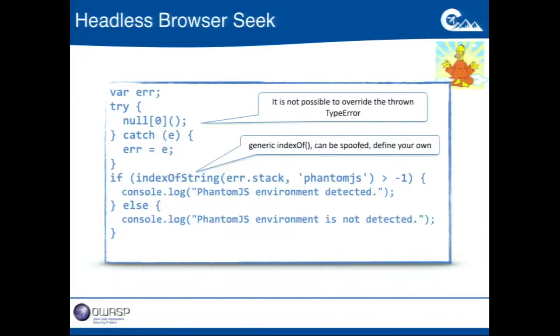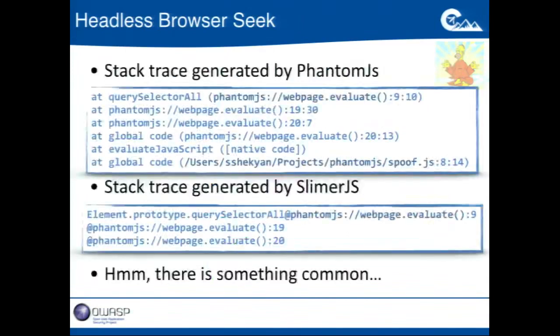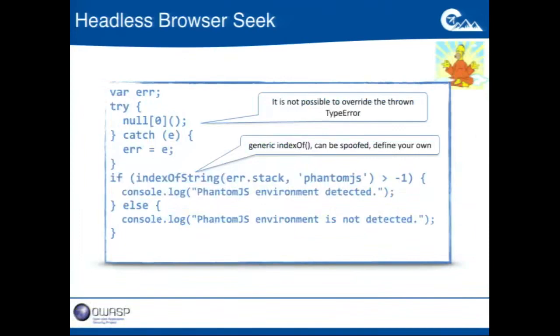First of all, stack trace is not part of the ECMAScript spec. So every browser has its own way to format the stack. At least the PhantomJS part can be removed, because the string has to show up somewhere in the source code. So we grab the source code and find this.